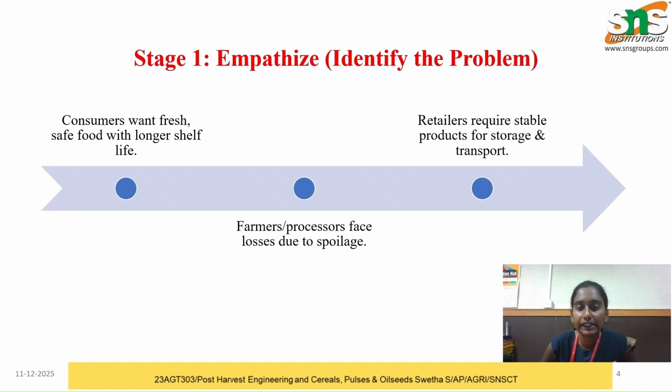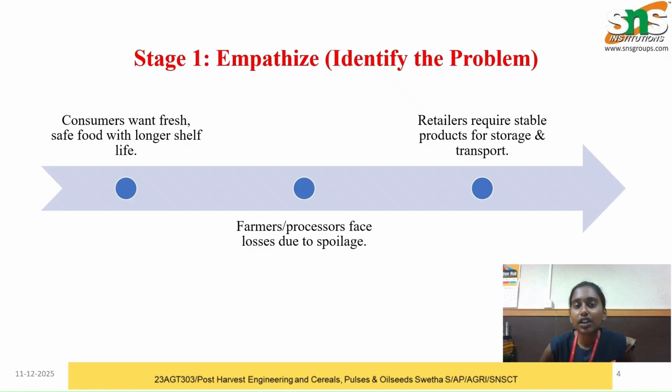Empathize. First we are going to identify the problems. Consumers want fresh, safe food with a longer shelf life. So farmers and processors are working to satisfy the wishes of consumers, right?